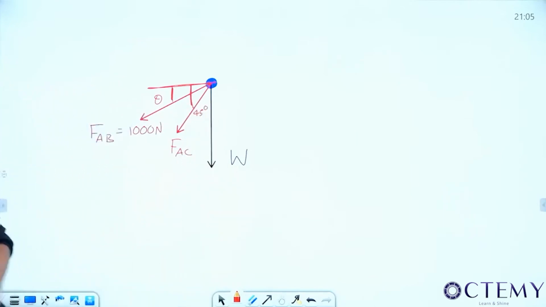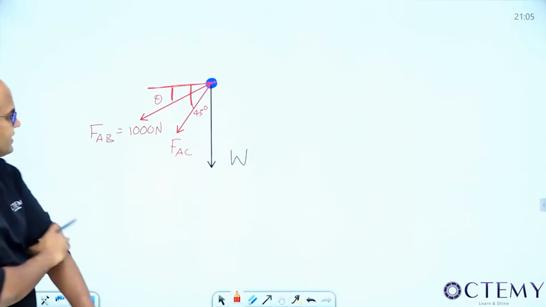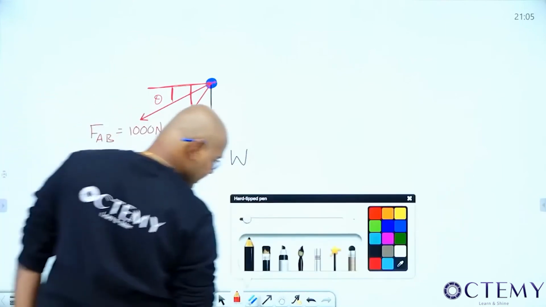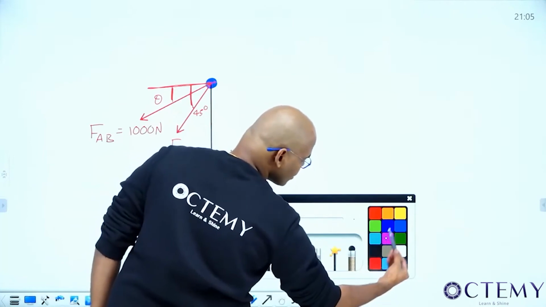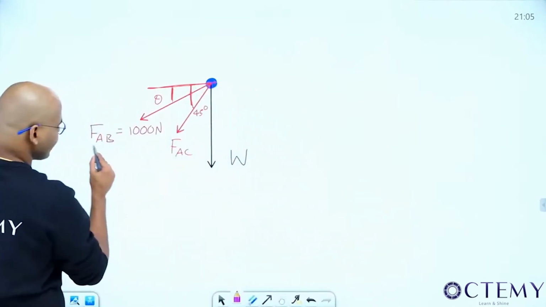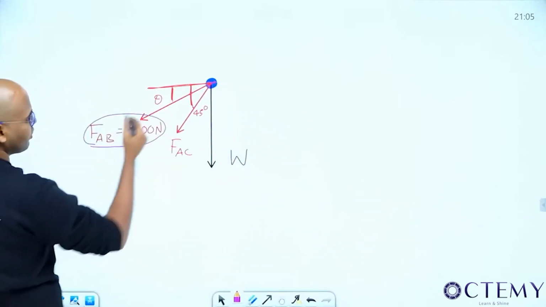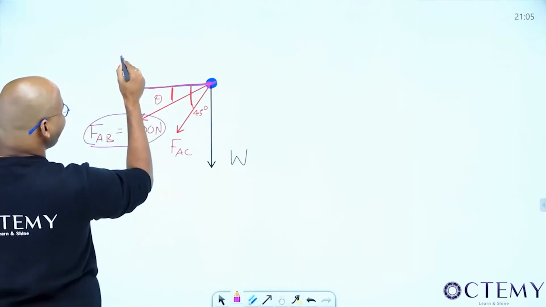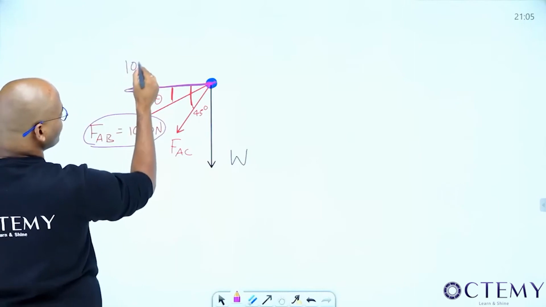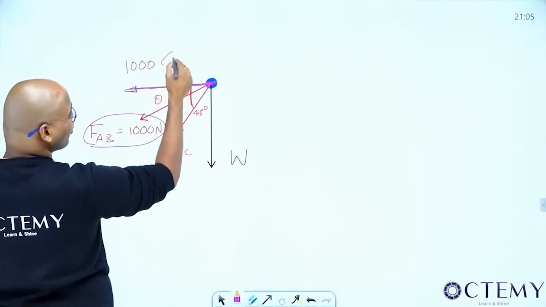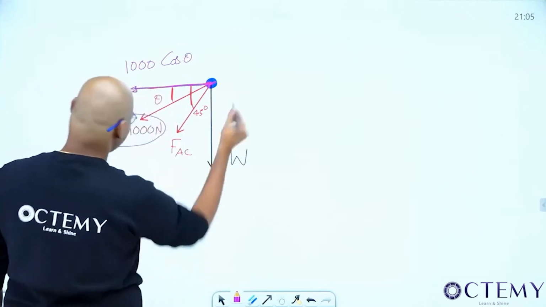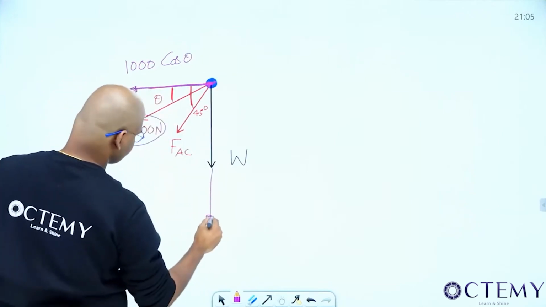Okay. Now I have to get this W. So before going to that, how to solve it? First, resolve them. First I will resolve this. If I resolve this, I'll get one component like this. What is this component? FAB, that is 1000, adjacent side, so cos theta. 1000 cos theta. One more. See, like this. So downwards.